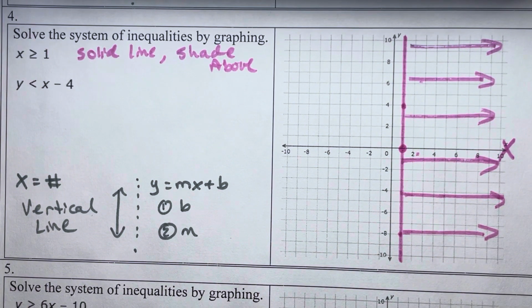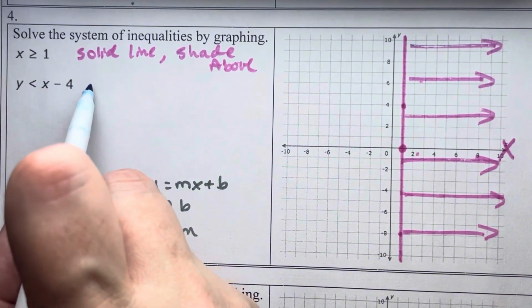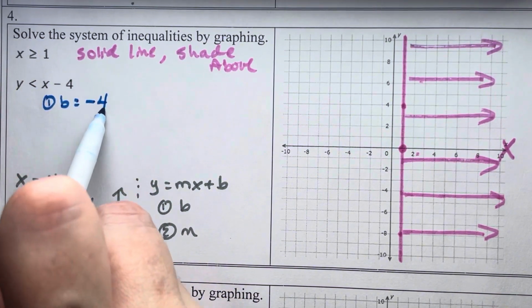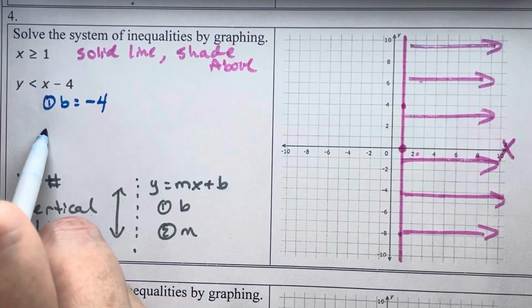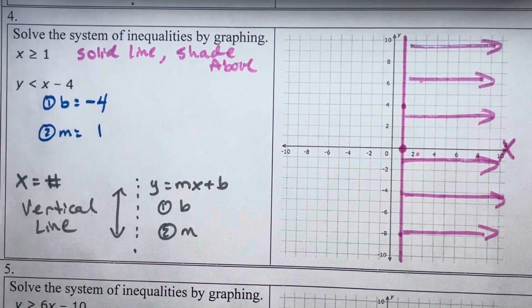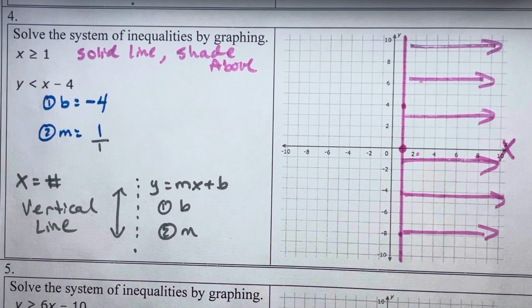All right, let's look at our second one. With our y less than x minus 4, we know that there's going to be a y-intercept of negative 4 and a slope of 1, because there's nothing visible in front of the x. We need to have a fraction for our slope, for the rise and the run.